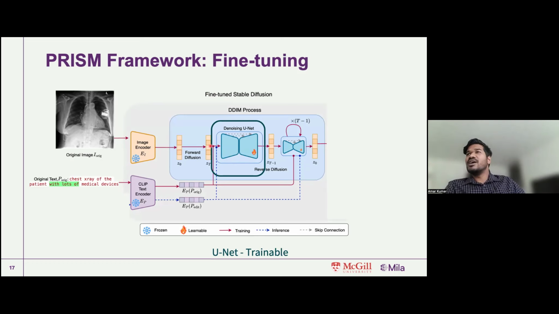And we use the denoising diffusion inversion process over here, DDIM, to make sure that the mapping is bijective, which essentially means that instead of doing probabilistic sampling, we are doing more deterministic sampling while synthesizing a counterfactual image.